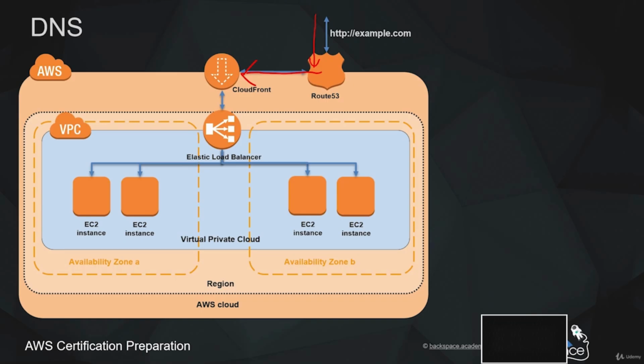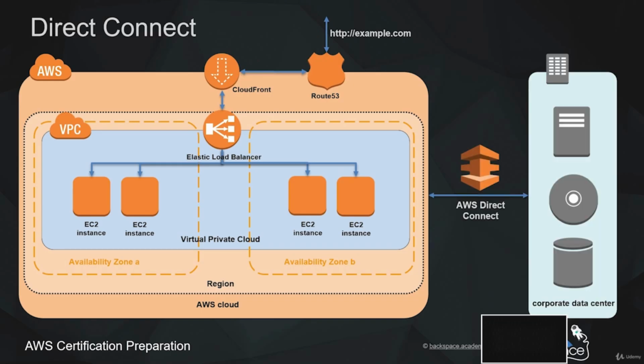So let's just say we work for a large enterprise that has its own corporate data center. And the reason it's got its own corporate data center is because that is located where the employees work. And we don't want our employees to be slowed down by a network. We want them to be able to work efficiently. But at the same time, we have resources on the AWS cloud that those employees also need to access.